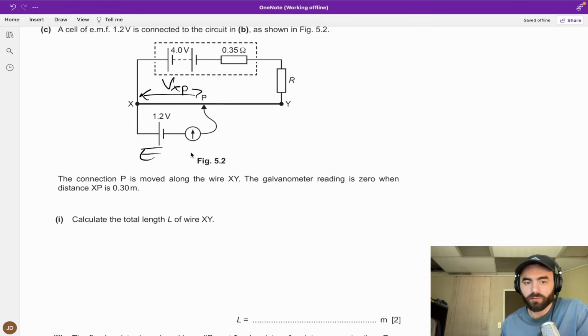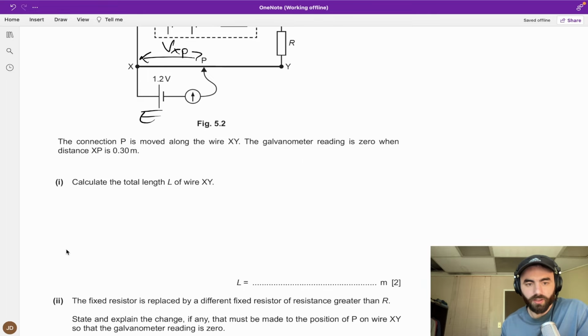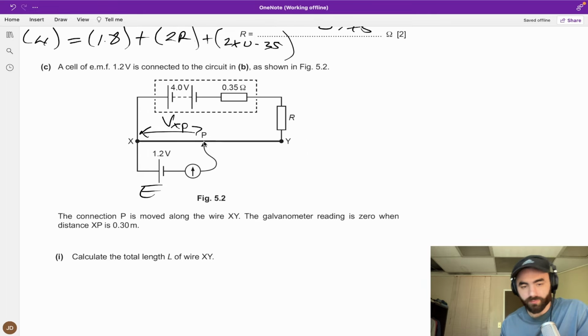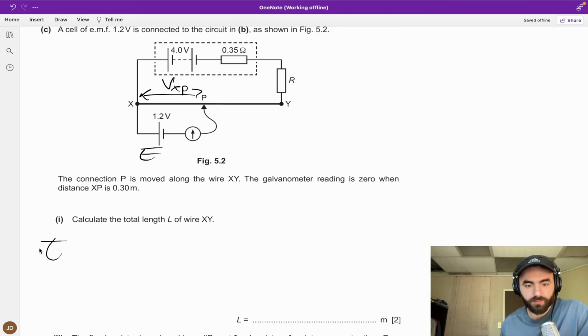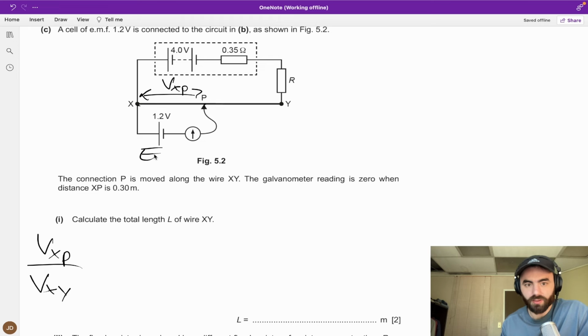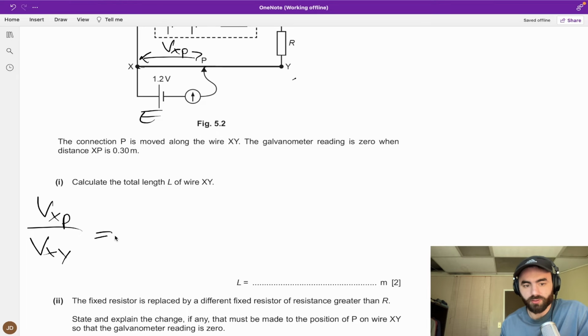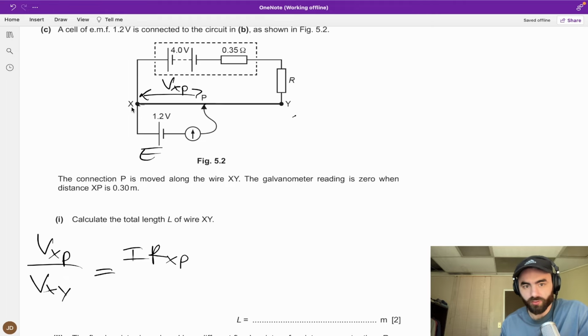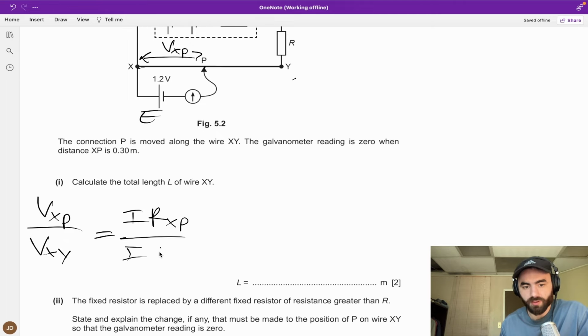So to calculate the length, we have the ratio VXP divided by VXY. So the potential difference between here and here is going to equal the current running through the wire times the resistance across this part of the wire, divided by I times the resistance across the entire wire.